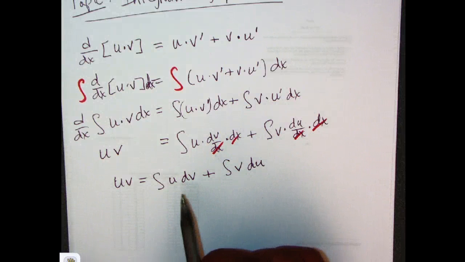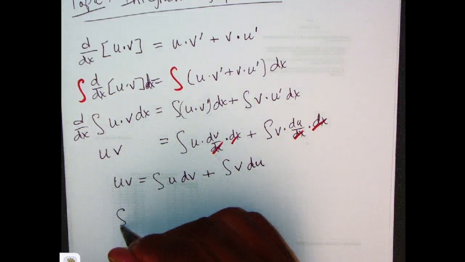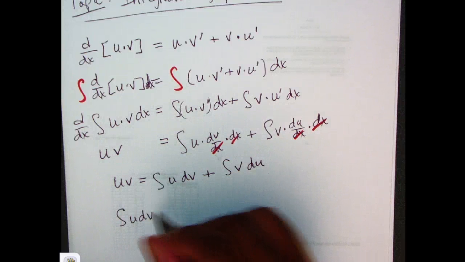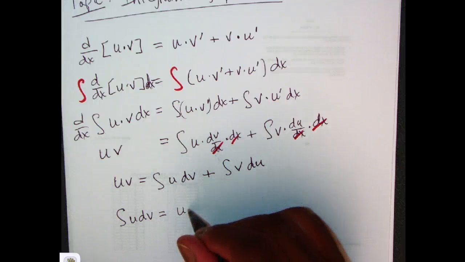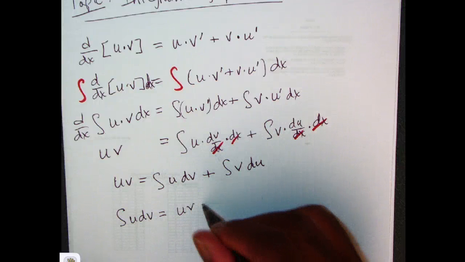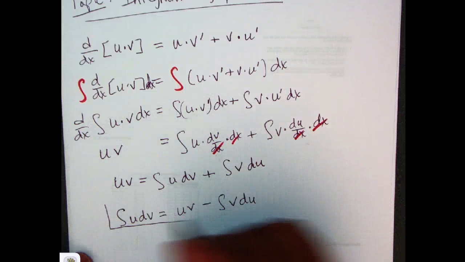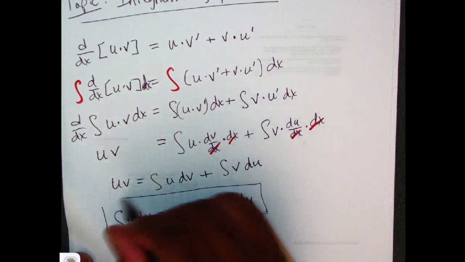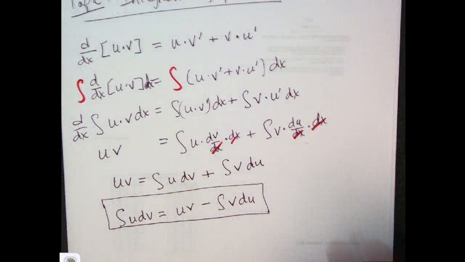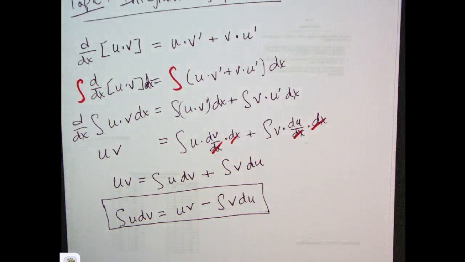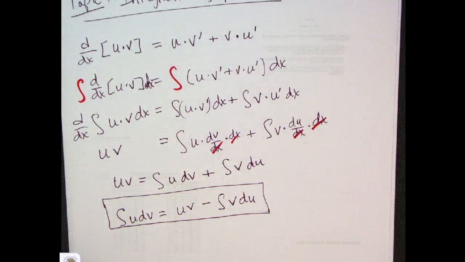And with a little bit of algebra, we get the integral of u dv is equal to uv minus the integral of v du. And that's the formula that we went over before we went on break for integration by parts. So the integral of u dv is equal to uv minus the integral of v du.